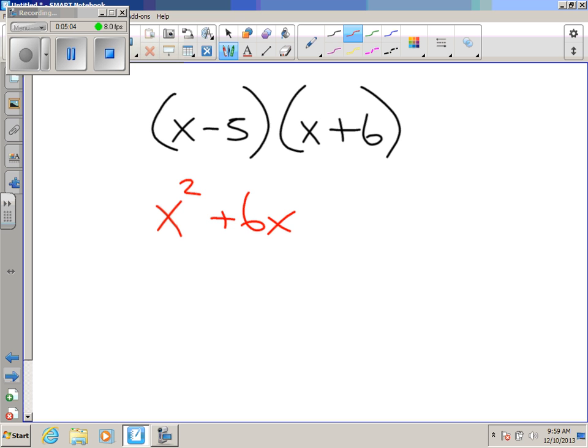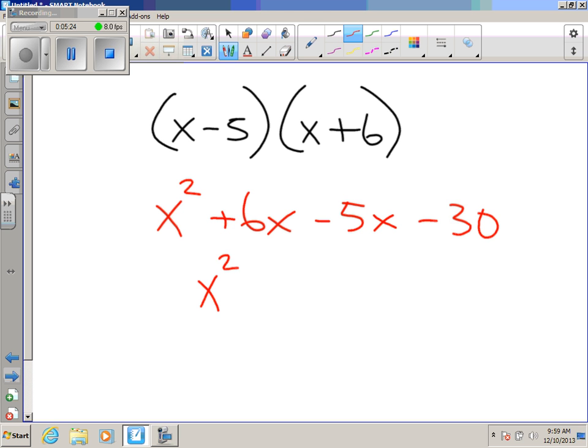Now here is where you got to just be a little bit more careful. What kind of a 5 is this? Negative 5 times x is a what? And now last, a negative 5 times a positive 6 is a negative 30. Do I have any like terms? Okay.